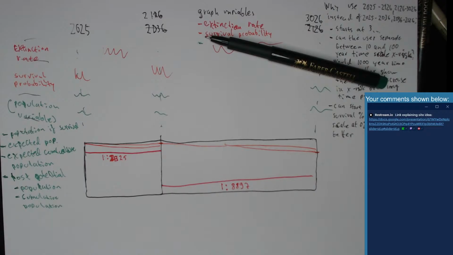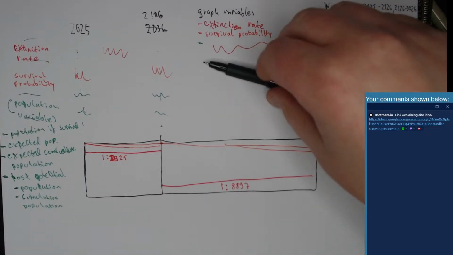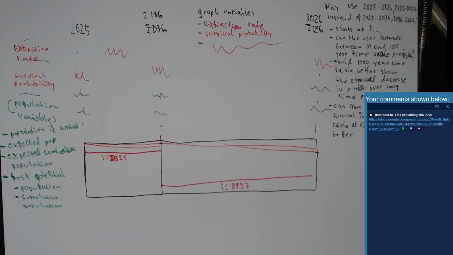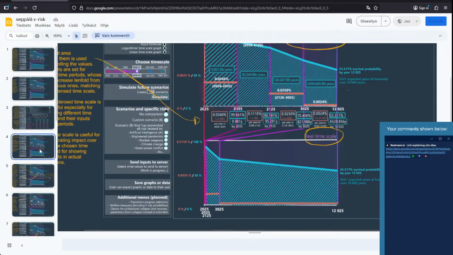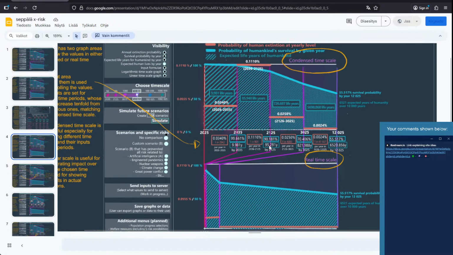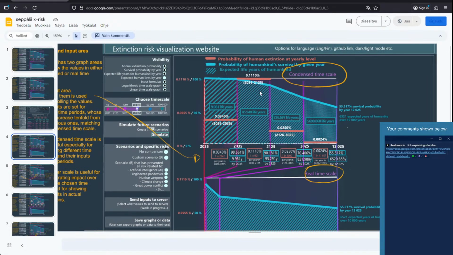Could I use those like I had used here, to indicate the cumulative variables as the shaded area under these lines with population?